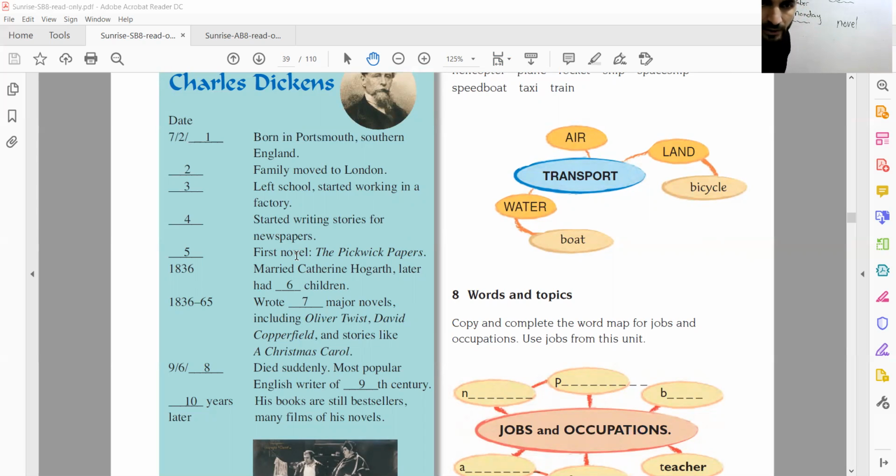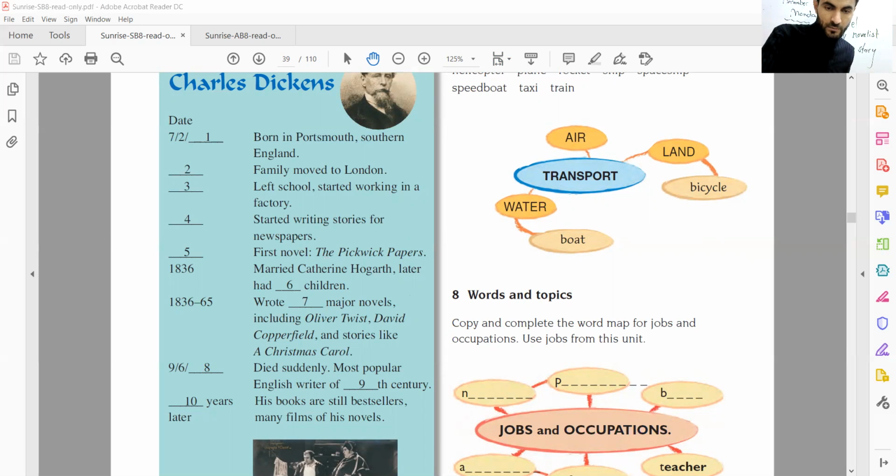It means a long story. And the person is a novelist. In Kurdish, we call it roman navis. So it's the person who writes long stories.